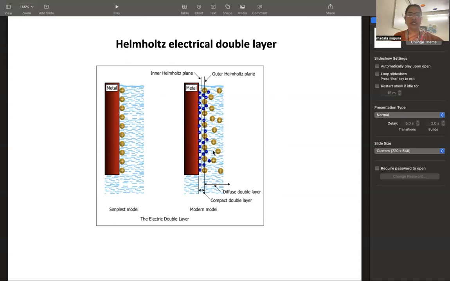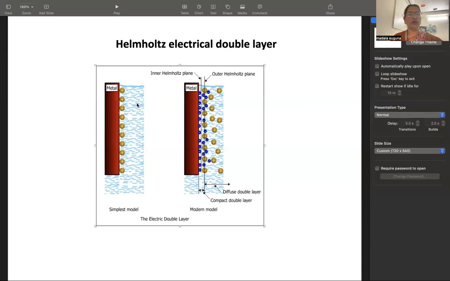Due to the presence of an excess number of negatively charged ions, the aqueous solution has excess negative charges. The positive charges on the metallic rod attract negative charges present in the aqueous solution. Here also, at the interface of the metal and the electrolytic solution, an electrical double layer is formed. This electrical double layer is called Helmholtz electrical double layer.